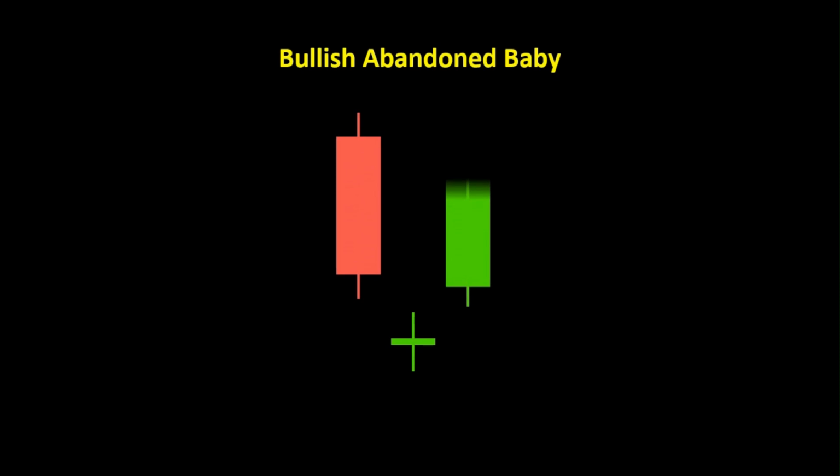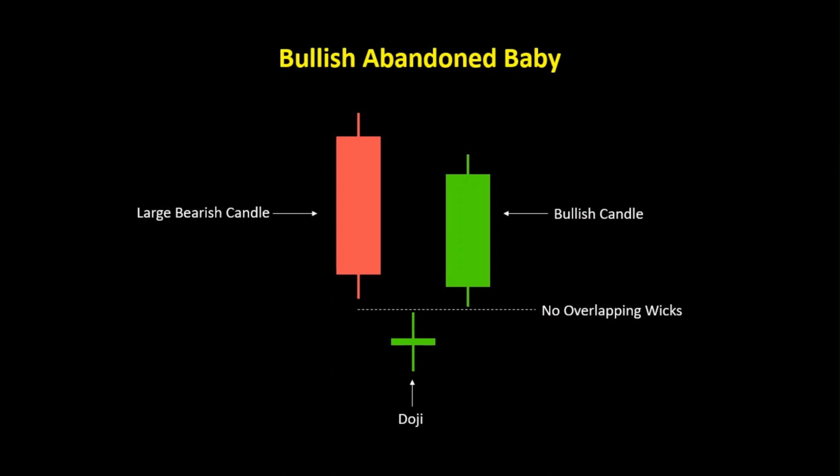Up next is the bullish abandoned baby, a rare yet powerful bullish reversal pattern. At first glance, it may appear similar to the morning star, but there are key differences. The middle candle will always be a doji, which is completely isolated, meaning no overlap in wicks with the first or third candles. The pattern often occurs at or near key support zones.